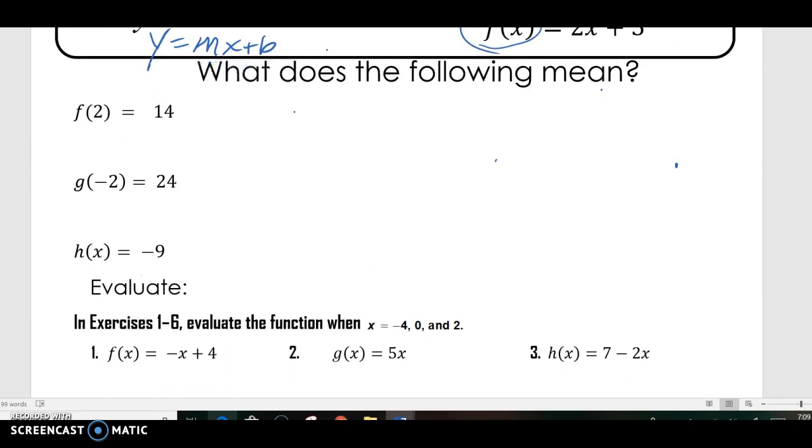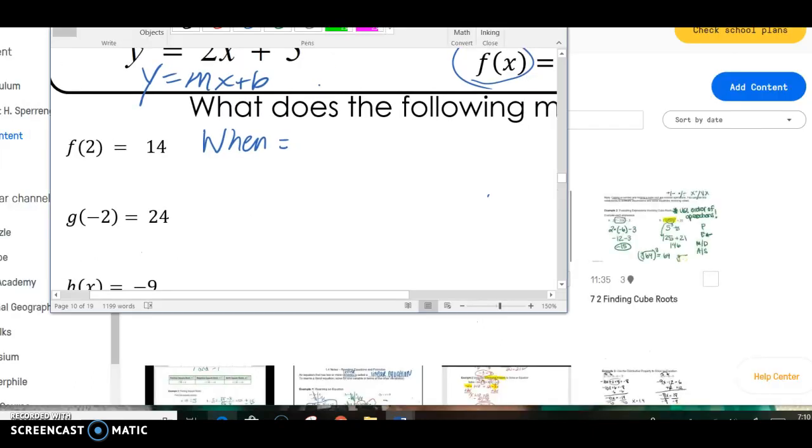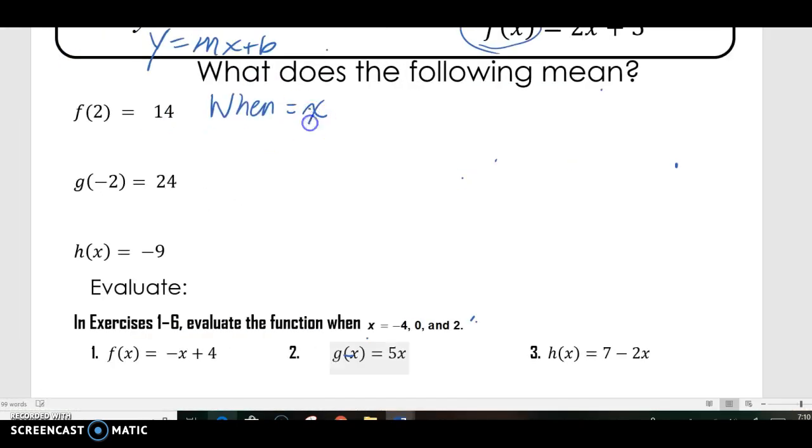So let's talk about what this means. In the first notation, it says f of 2 equals 14. This means when x equals 2, the value of the function is 14.